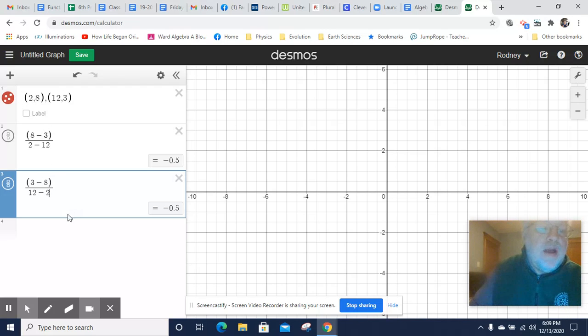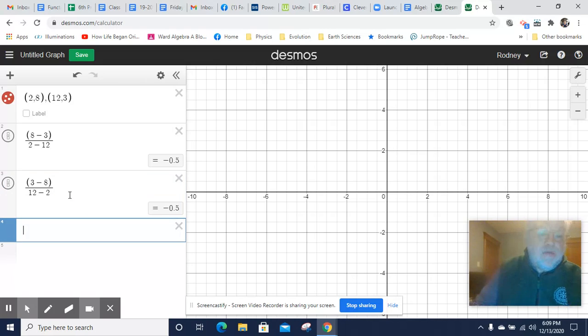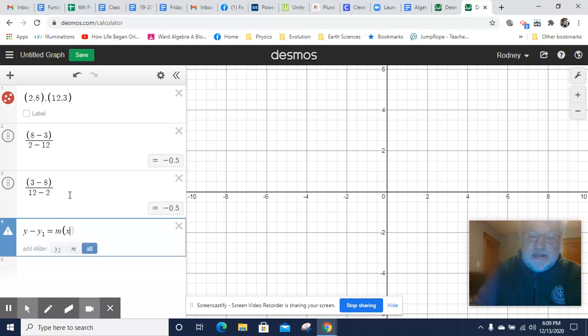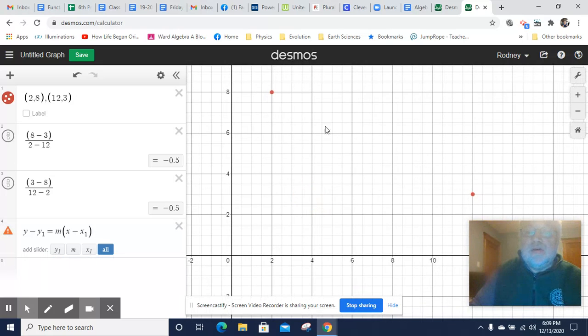Now we want to come up with an equation. Remember, the equation is y minus y sub 1, whatever that number is, equals slope times x minus x sub 1. Pause the video and see if you can create an equation that does go through those 2 points. There are those 2 points right there. I'll label them for you. See if you can do that.